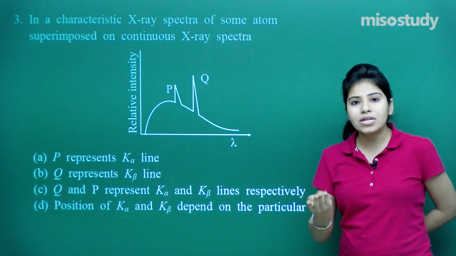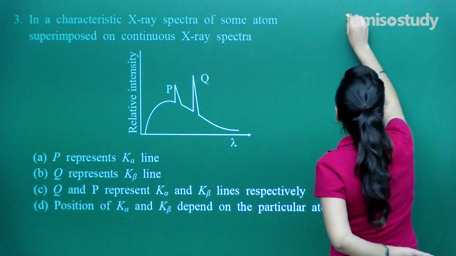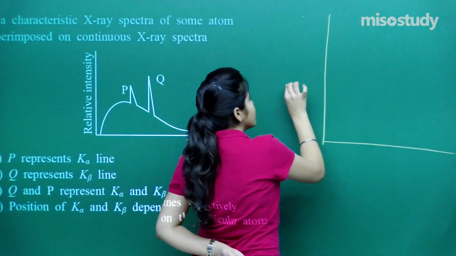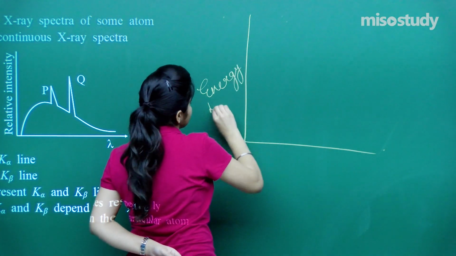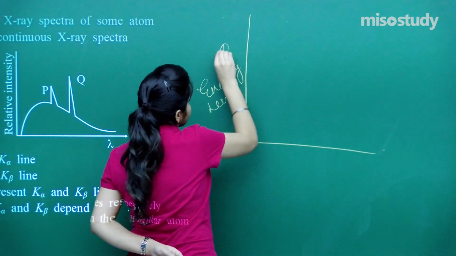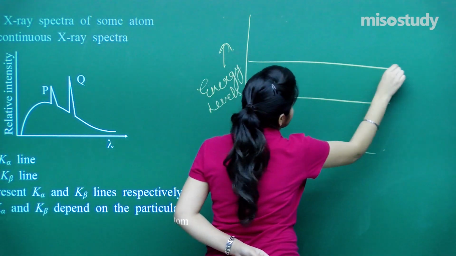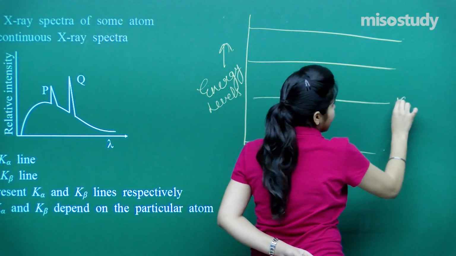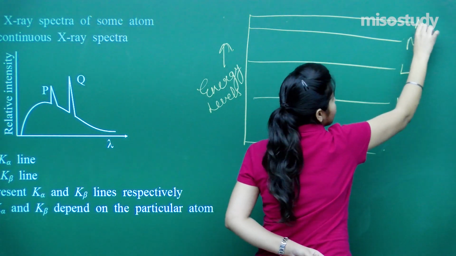So let me just repeat once again what K alpha and K beta are. I have shown this in the theory also. See, these are energy levels. This is K, L, M, and this is the N shell.